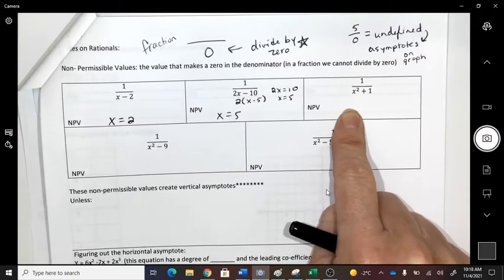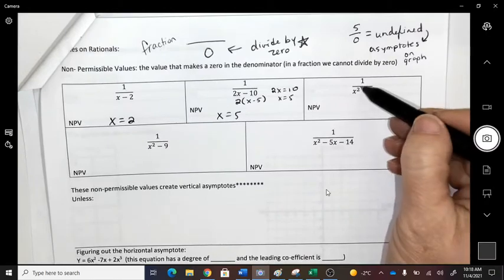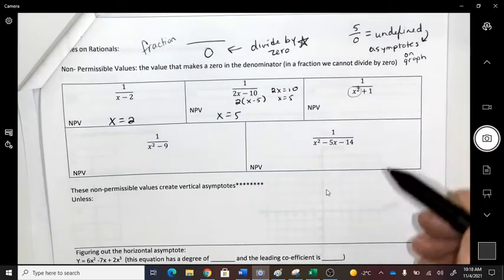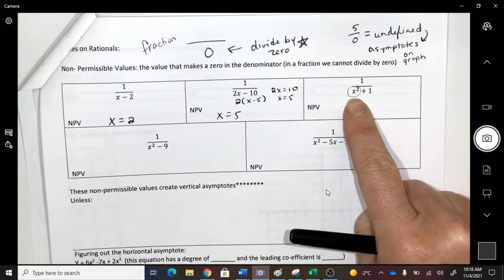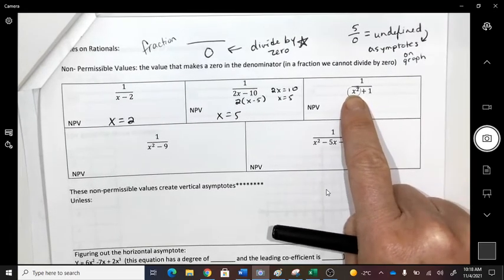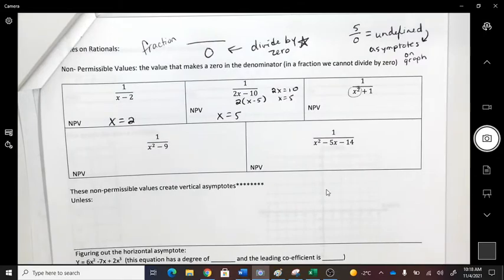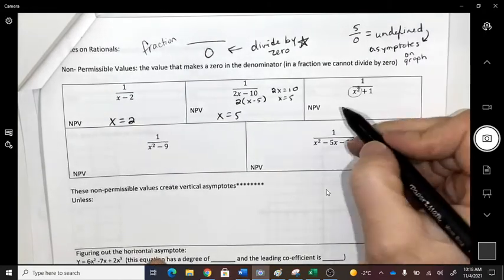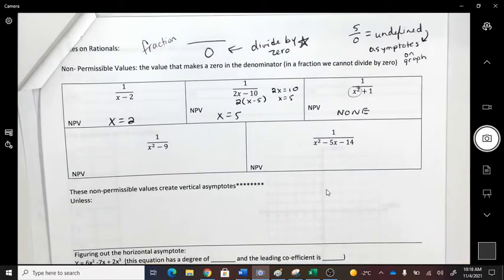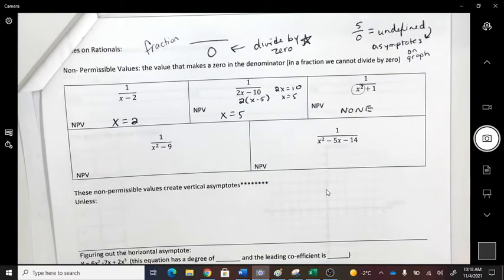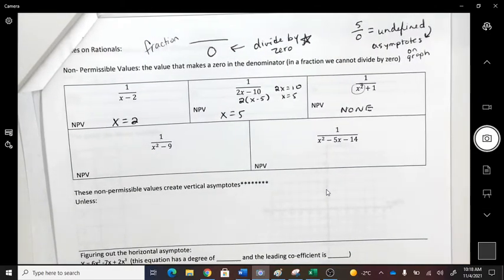Positive plus 1 is still good. The only way you could create a 0 is if this value was negative 1. Could you ever make that value negative 1? No, because no matter what you square, you can't square something to be negative, right? Does that make sense? So there's none. Everything's permitted. Doesn't matter if we pick a negative, a 0, or a positive.